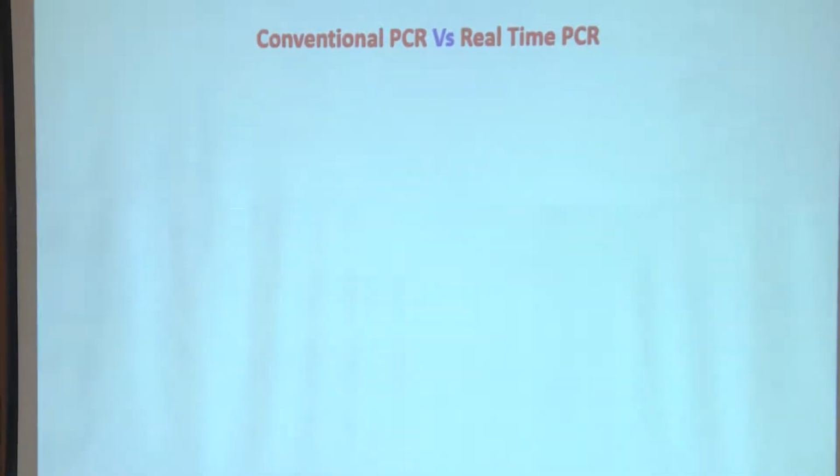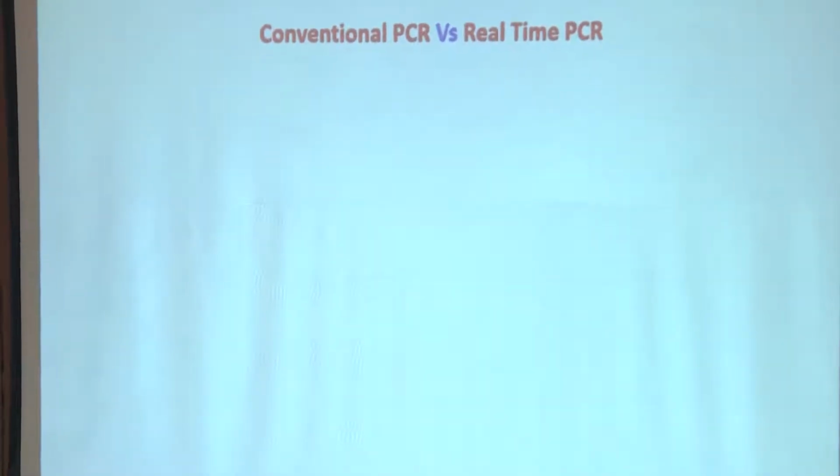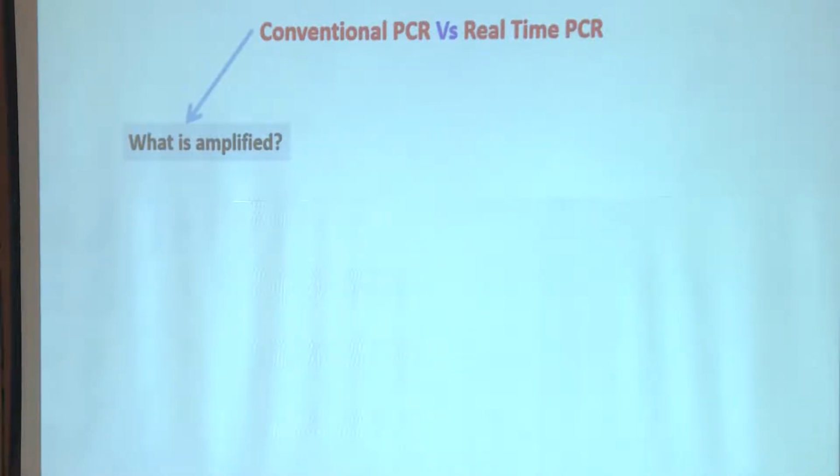Now, what is the fundamental difference between conventional PCR and real time PCR? I already highlighted. We are more bothered about what is amplified in conventional PCR, but in the case of real time PCR, we are bothered about how much it is amplified.